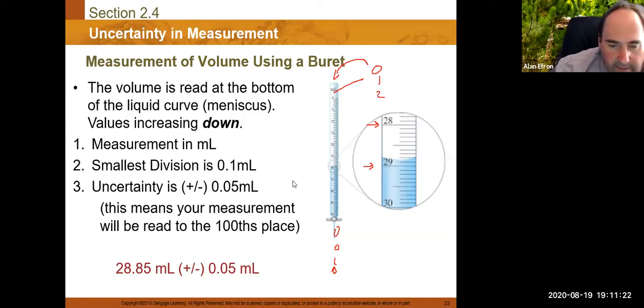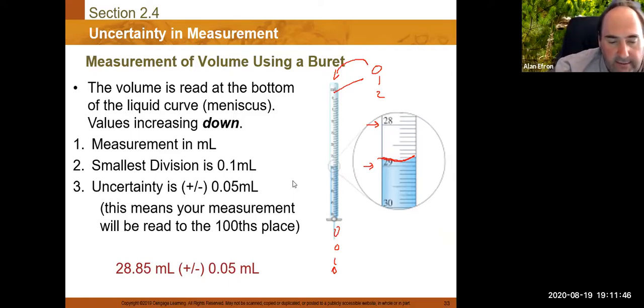Now, when we would take a reading of something like this, say the meniscus is here, it is actually above the 29, which means this would be 28 point something and not 29. So sometimes people read it the wrong way. Again, when you fill it from the top and empty it from the bottom, you've got to make sure that you read it the correct way.